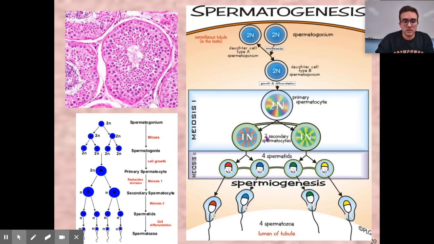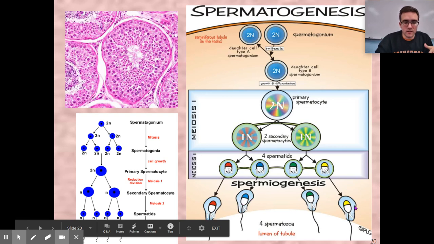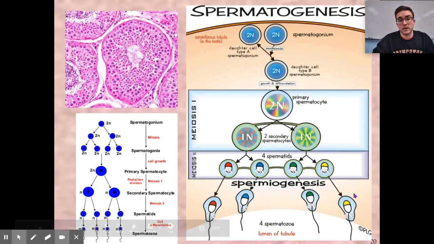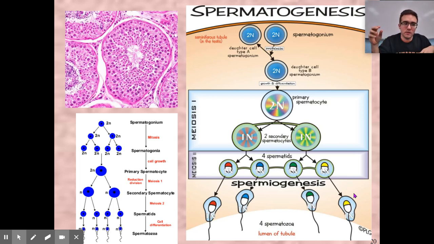We go through meiosis 1, and then meiosis 2 to produce 4 different sperm. It follows this process exactly, and males will make sperm throughout their lifetime. From when they're born to when they die, they will keep making sperm.